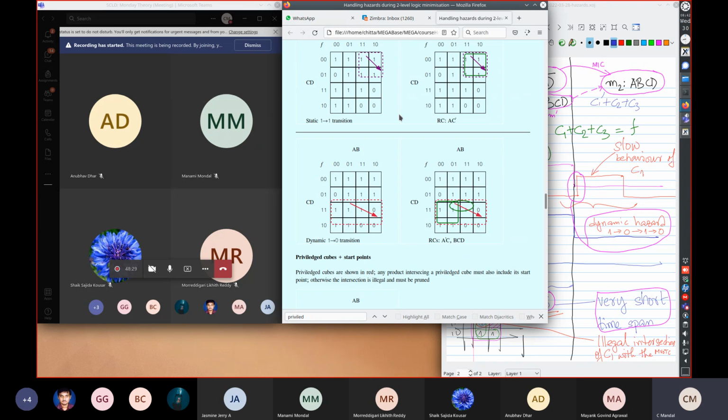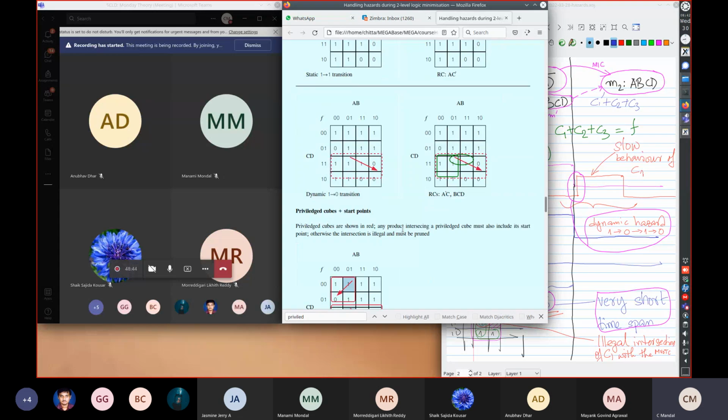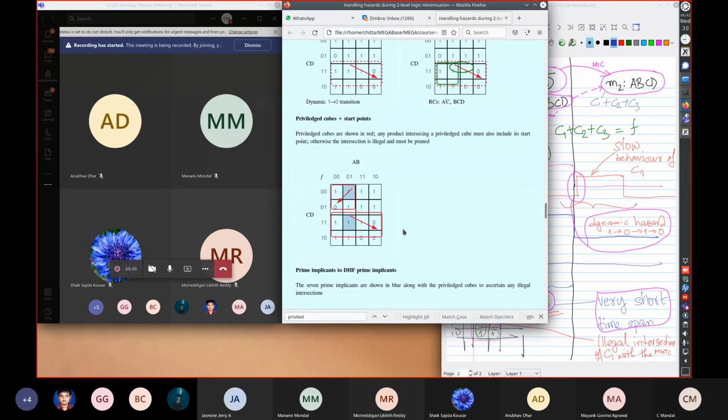So for this transition, you need to include the required cube. The required cubes need to be covered, and so there are two basic steps. You have to cover the required cubes, and the prime implicants need to be pruned to cut out the illegal intersections.